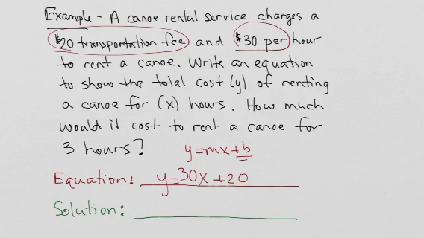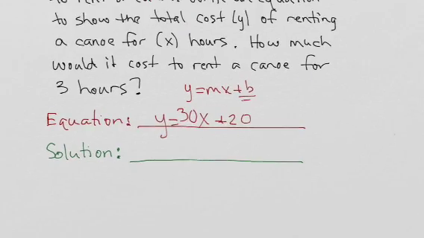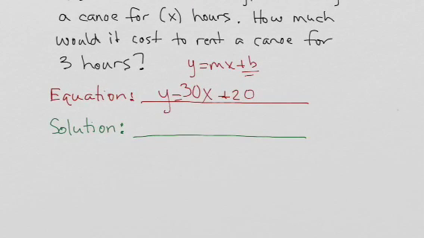All right, next. Let's find the answer. It says, how much would it cost to rent a canoe for 3 hours? So we know X earlier. It said X was the number of hours. We now know that that's 3, so let's plug in 3 where X is. And this is how we can quickly find out how much it's going to cost to rent something for 3 hours.